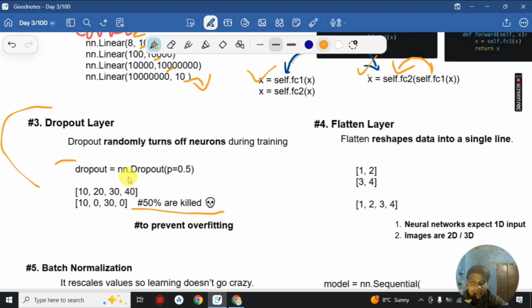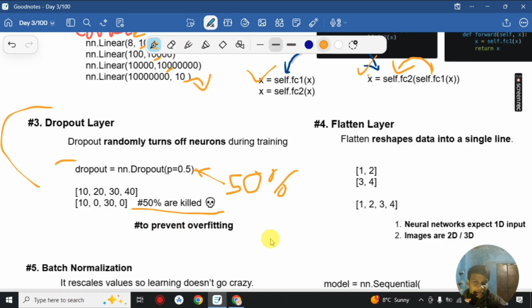Like here when we do nn.Dropout with p equals 0.5, it is basically saying to turn off 50% of neurons. So if we get values like 10, 20, 30, 40, it randomly kills 50% of the values and we get this output. Okay, this is very helpful to prevent overfitting. Basically it helps different paths of neurons to learn.